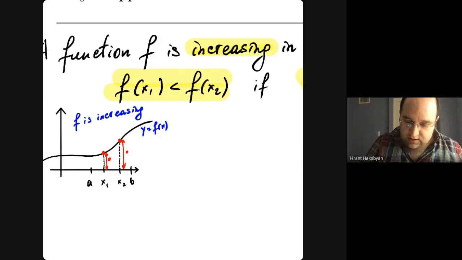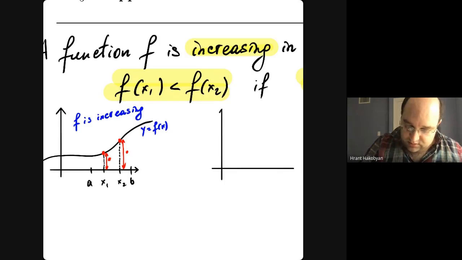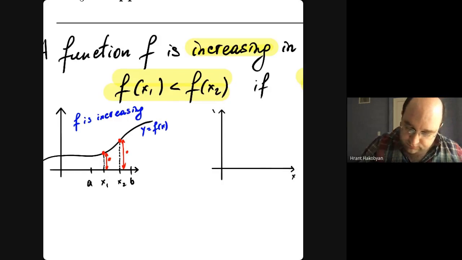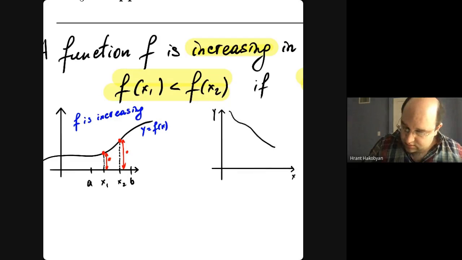I can get something that's decreasing, which basically looks like this. So you have again x and y. This is my x, this is my y. So my graph, maybe it looks like this, right?